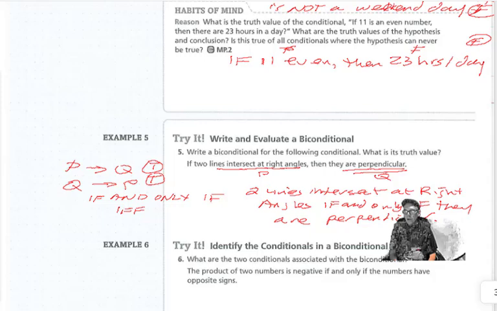And this also could have been written the other way. We also could have written: two lines are perpendicular if and only if they intersect at right angles.